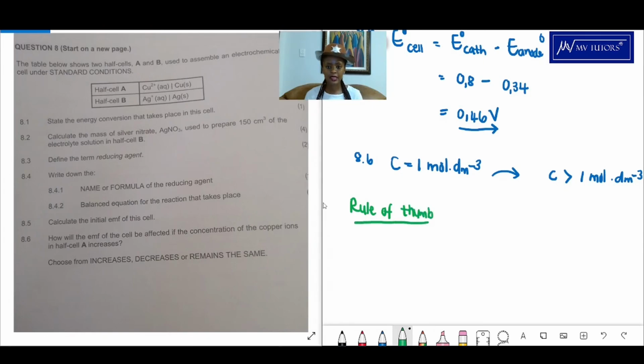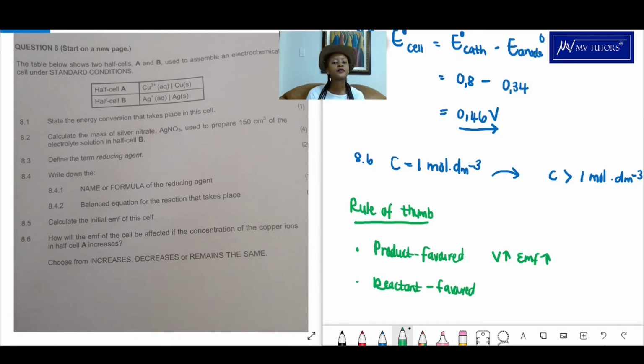Basically, if you find that applying Le Chatelier you get something that is product favored, then your voltage reading will increase, meaning that your EMF will also increase. If you get something that is reactant favored, by reactant favored, I mean reverse reaction favored. By product favored, I mean forward.